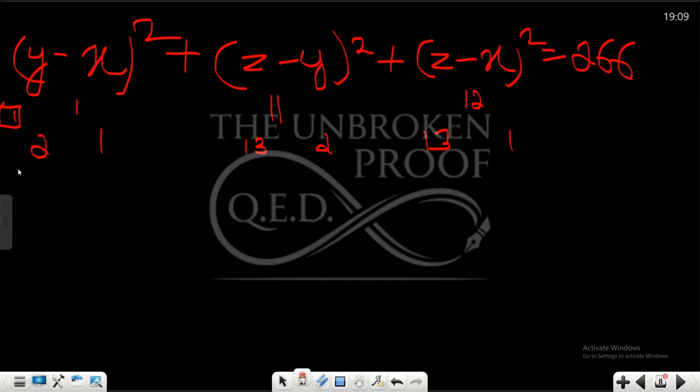But there is a problem. This is not satisfying the triangle inequality, because y plus x is less than z, which is not possible. So this triplet is clearly not possible.